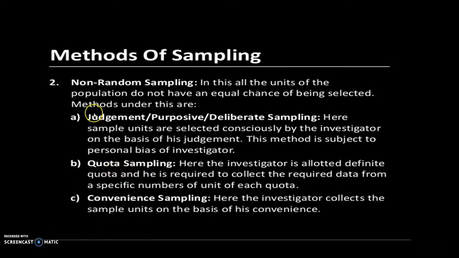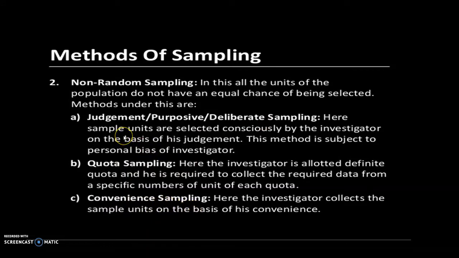Then the second method is non-random sampling. In this, all the units of the population do not have an equal chance of being selected. Methods under this are judgment, purposive, or deliberate sampling, then quota sampling, and convenience sampling.